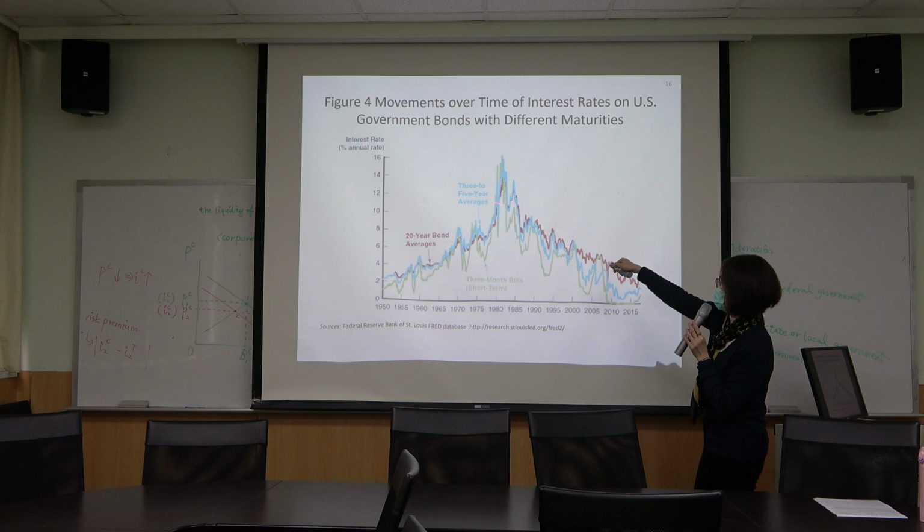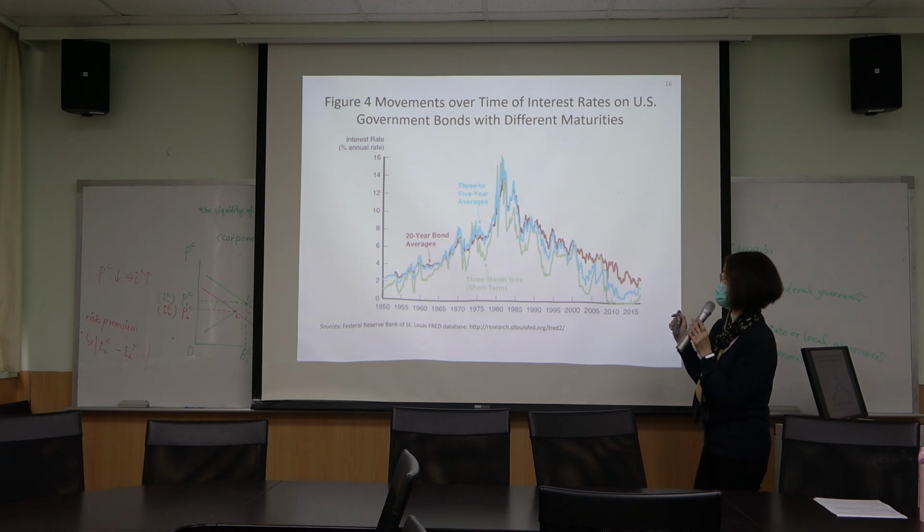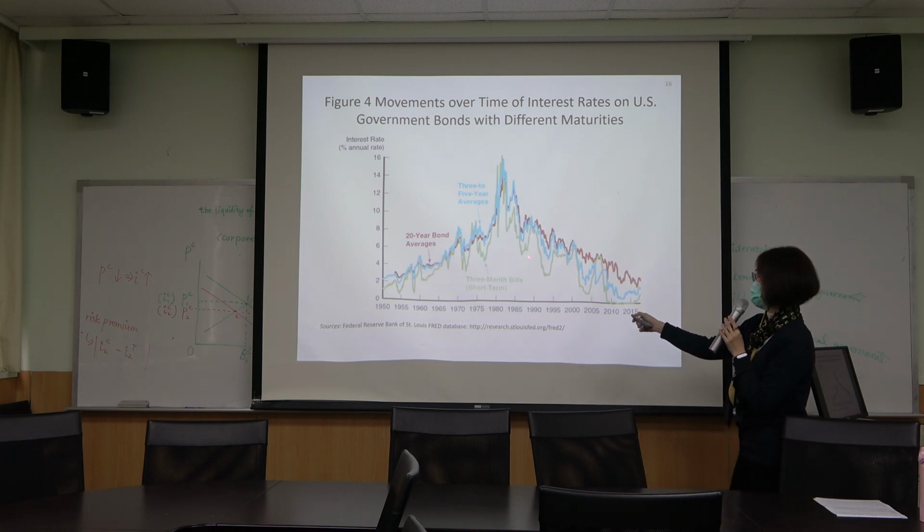How about this? During the 1980s, around that time the short-term interest rate is higher than the 3 to 5 year averages. It is even higher than the 20-year bond averages. And after the 1980s, what happens?